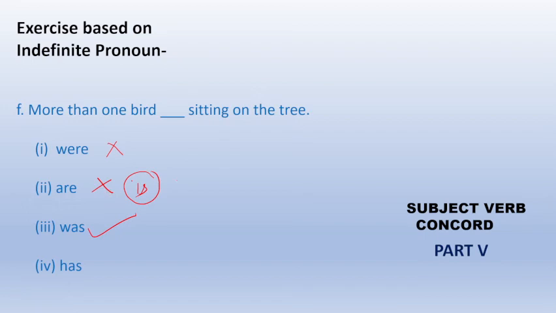And has will also not be placed here because the sentence is not in perfect tense. The sentence is in past continuous tense. Past continuous, singular noun. Okay, so more than one bird was sitting on the tree.